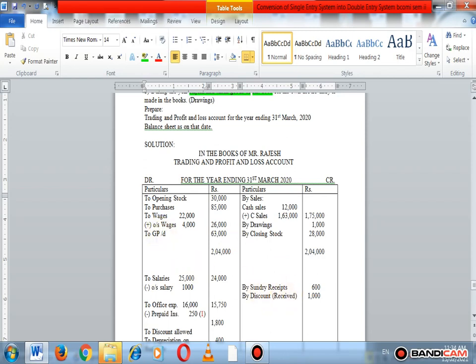This carried down is brought down on the credit side of the profit and loss account. GP brought down amounted to rupees 63,000.